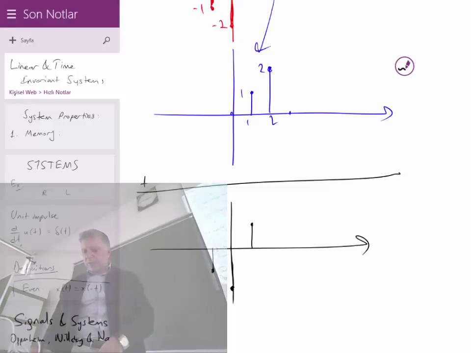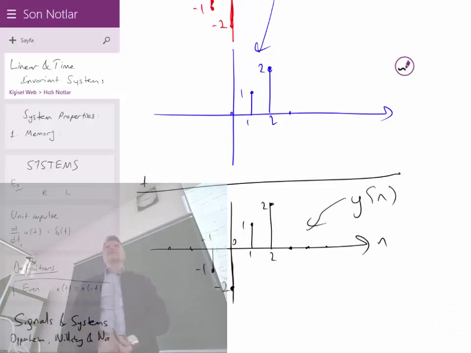And 2 plus 0 is 2 here. So it is -1, -2, 1, 2 at -1, 0, 1, 2, and all the others are zeros. So this is y of n on an axis of n.